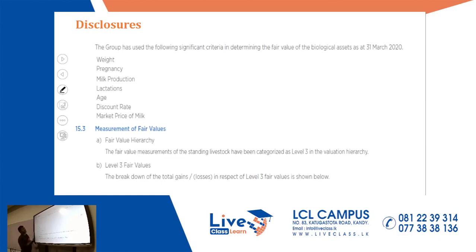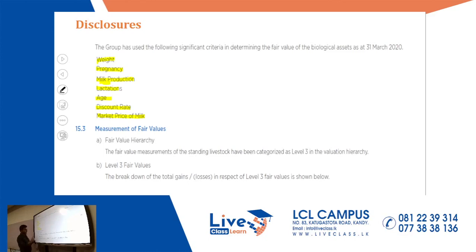The group has used the following significant criteria in determining the fair value of the biological assets. See, they have looked at the weight of the animals, pregnancy, milk production, location, age, discount rate, market price of milk. Those are the conditions they have used.